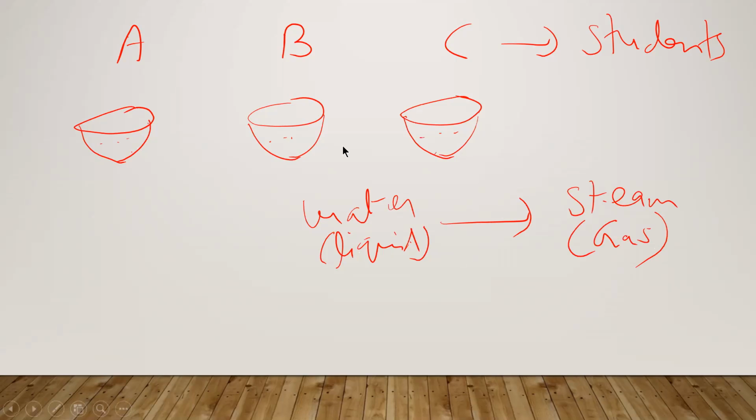Similarly, if a bowl with water is kept in a fridge, then it will get converted into ice. As you know, at 0 degrees centigrade water gets converted into ice. So from liquid, it will turn to solid form.